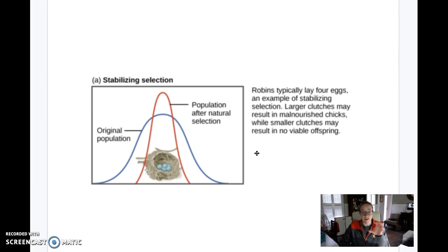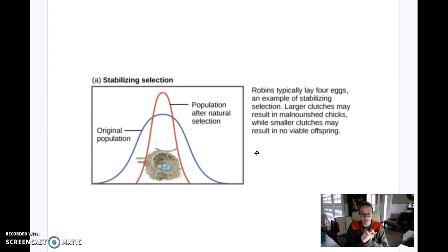So if a bird has too many eggs, the mama bird can't necessarily feed all of the babies, and they will be malnourished. They will not have enough nutrients. But if the mama bird lays too few eggs, less than 4, then some of them may not survive. We got to think about predators.